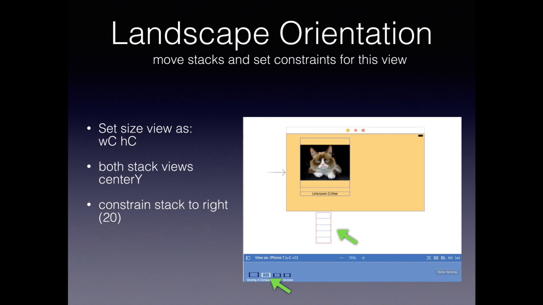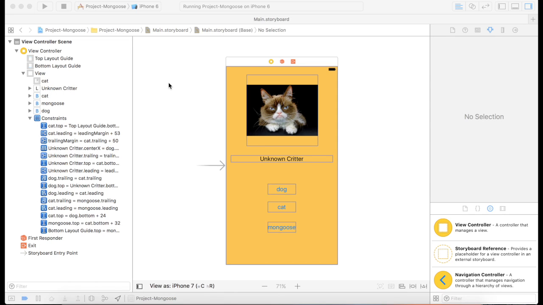You will now constrain the image stack to the right side by 20 points, and you'll constrain the button stack to the image stack by about 150 points. And that's basically it. And then by doing that, you will be essentially applying different sets of constraints for the device in portrait and landscape mode.